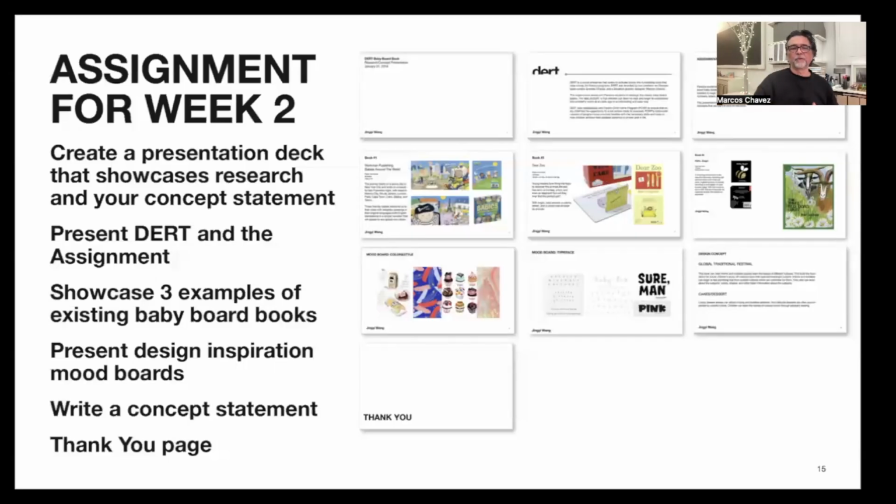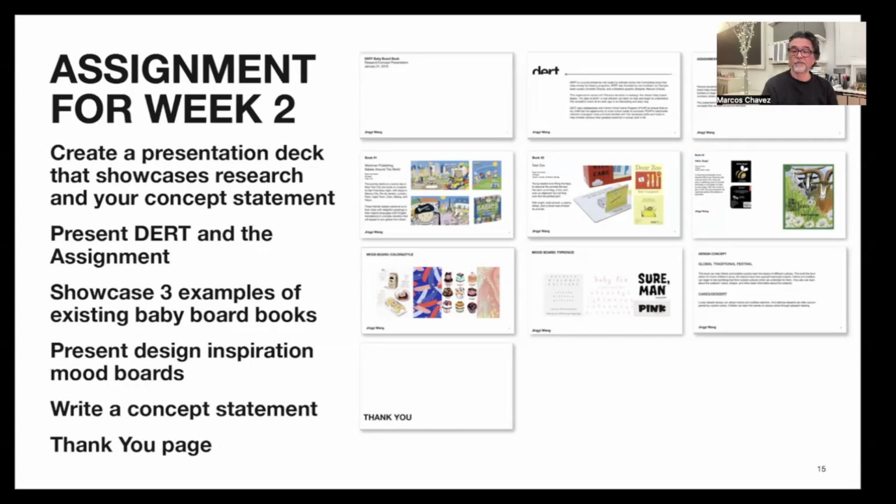All right, so for week 2, for next Thursday, a week from Thursday, we're going to create a presentation deck that showcases research and your concept statement. So showcase 3 examples of existing baby board books. I want you to find 3 existing books that you like and present them and explain what it is about them that is interesting to you that might apply to your approach.